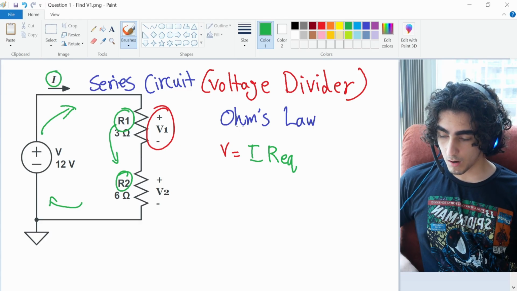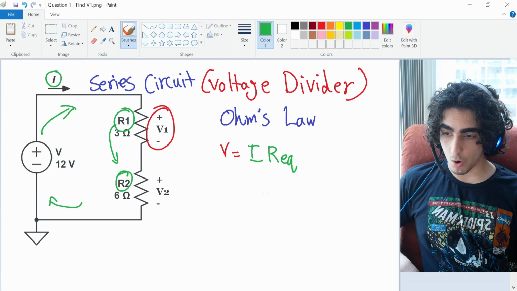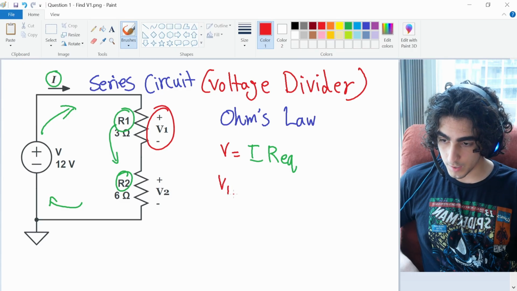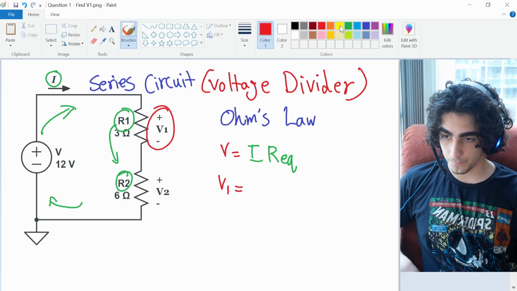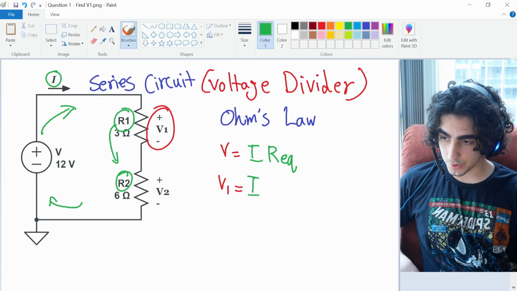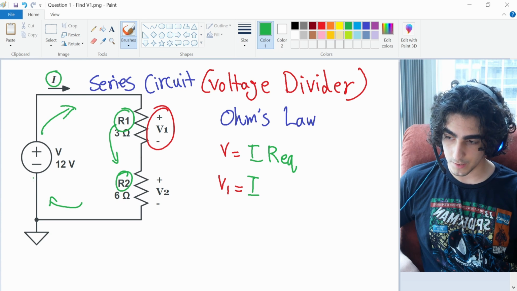Now, we can actually apply Ohm's law to every other voltage in here as well. So we can say that V1 is equal to the current, and because it's a series circuit, we know that the current is unchanged, so the current remains the same throughout the entire circuit.